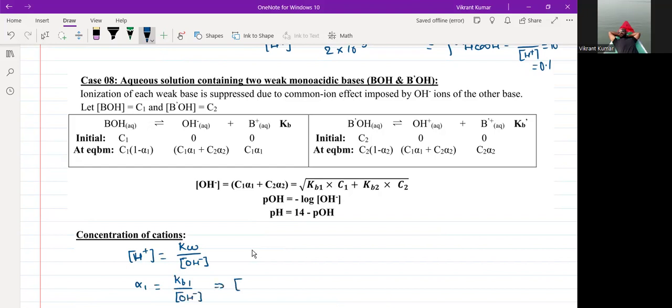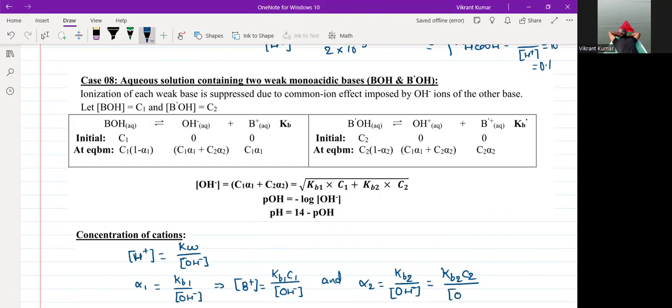And then cation अगर B plus है, तो that will become KB1 similar basis पे upon KB1 C1 upon OH minus, and if it is asking alpha 2, so that will become KB2 upon OH minus. Similar है, सब कुछ भी different नहीं है, फिर terms अलग हो गए, math is same.